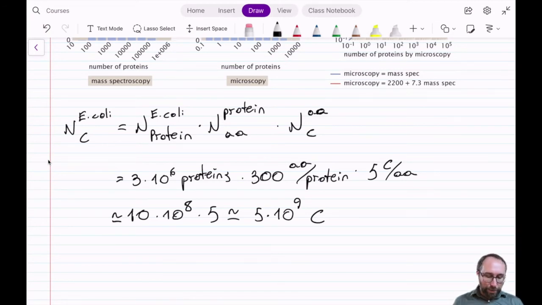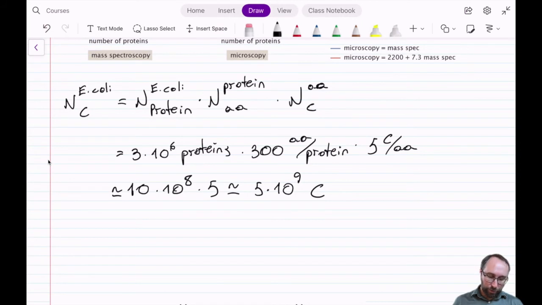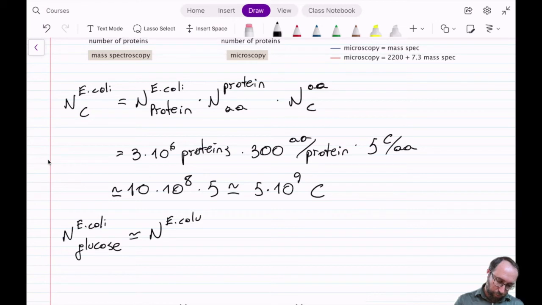But it turns out that the carbon molecules are imported as glucose molecules. So now we need to figure out how many glucose molecules this corresponds to. And we know that there are 6 carbon molecules per glucose molecule. Carbon divided by 6.